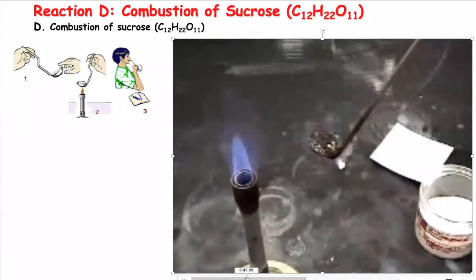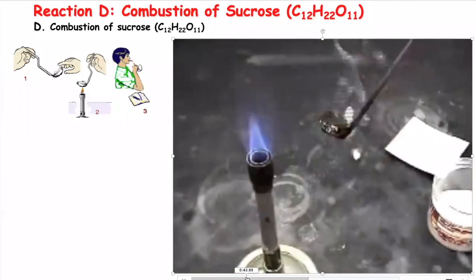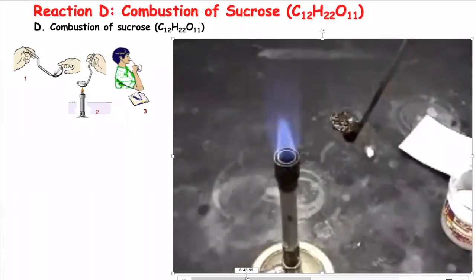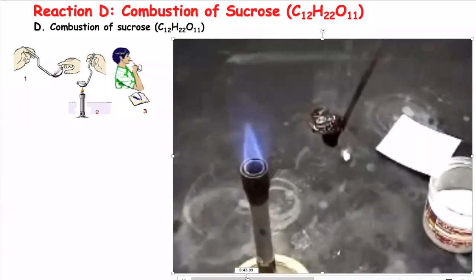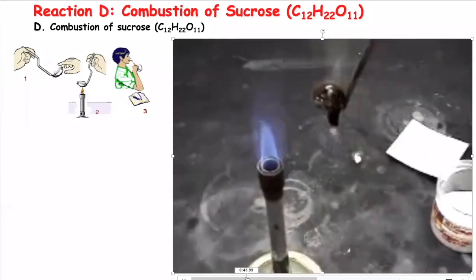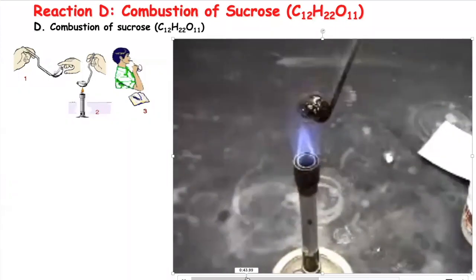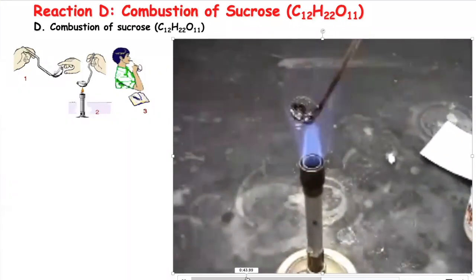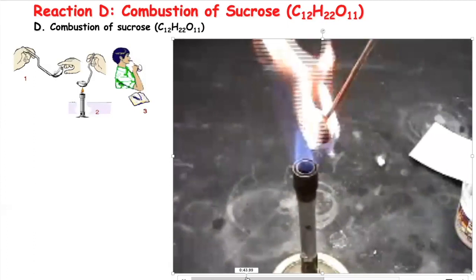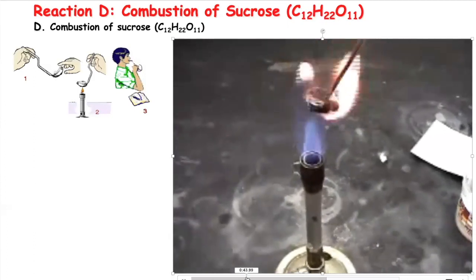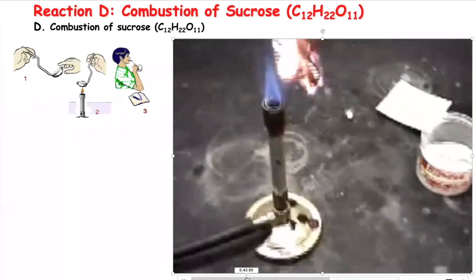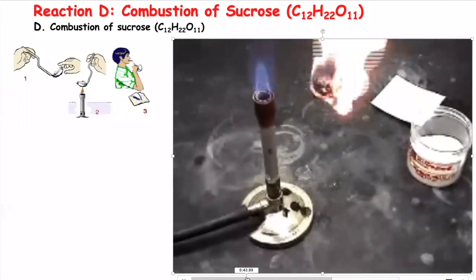Okay, and it's just boiling, and you're caramelizing the sugar, and then you're actually just getting rid of the water. Sugar is called a carbohydrate, so it's hydrates of carbon. When you remove the water, what you have left is carbon, which is that black tar.